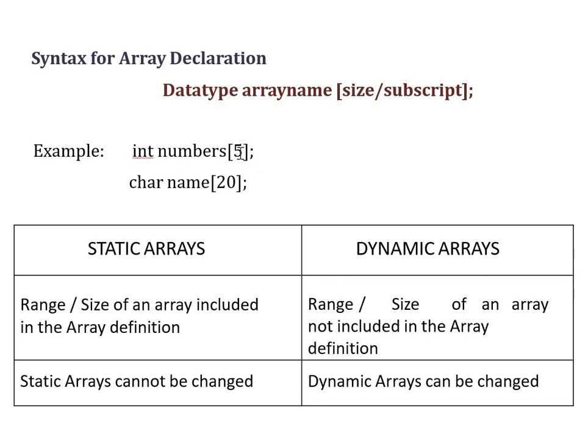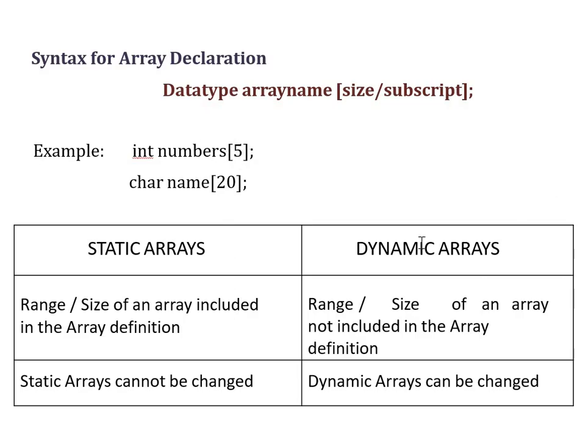If I limit this number to 5, during the runtime of the program it's not possible to increase the number of elements in the array above 5. It is okay that I can have array elements less than 5, but never more than 5. So that is your static array.